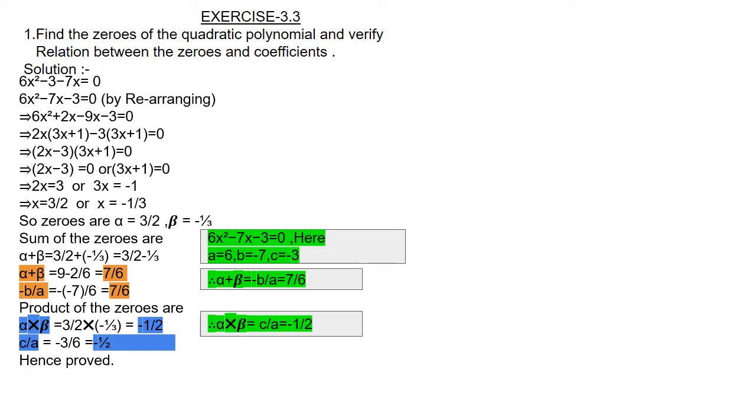Observe, students, alpha into beta, the result is minus 1 by 2. c by a is also minus 1 by 2. From this we can establish that alpha into beta and c by a are equal. Therefore alpha into beta is equal to minus 1 by 2 and c by a is also minus 1 by 2. Hence we proved the relation between zeros and coefficients.